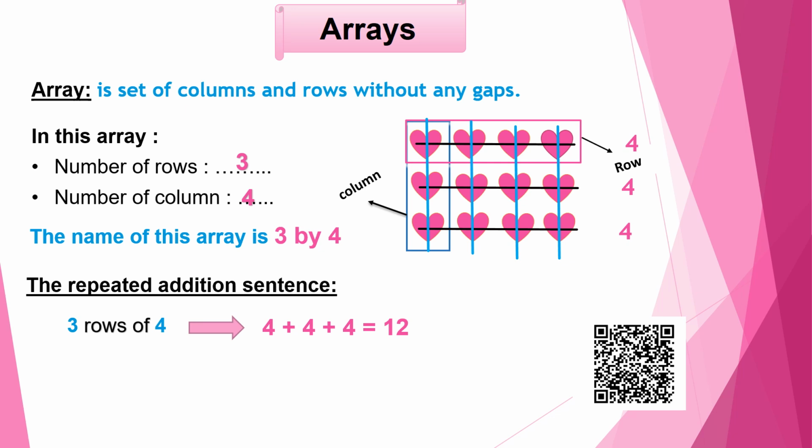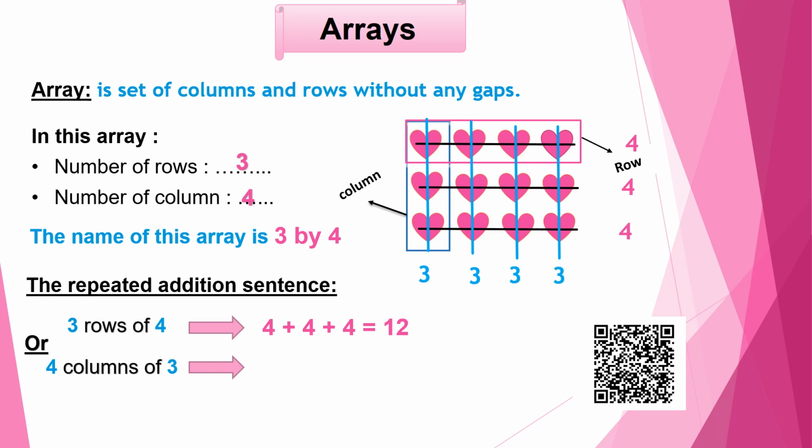We can write the repeated addition sentence in a different way if we count columns. How many columns do we have here? 4 columns. Each column contains what? 3 hearts. 3 here and 3 here and 3 here and 3 here.